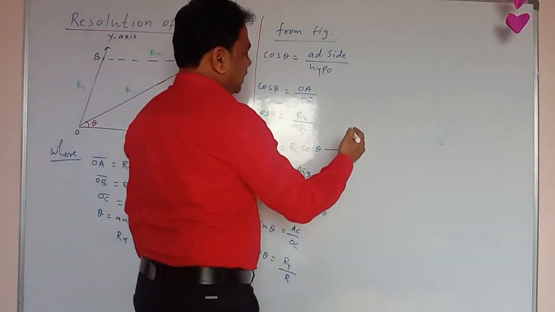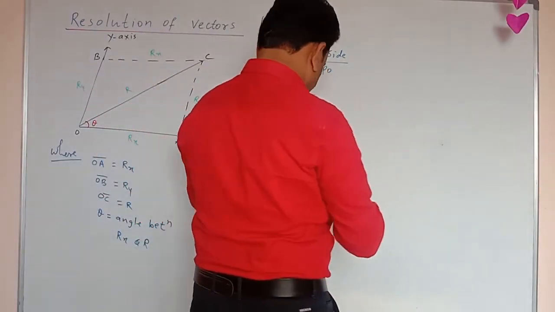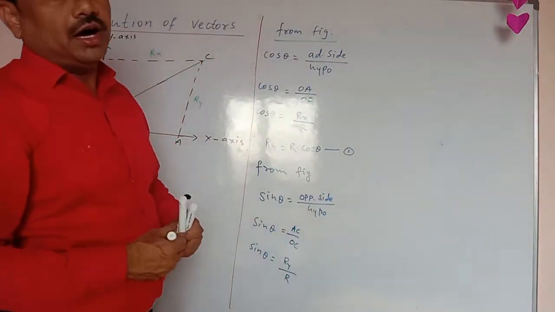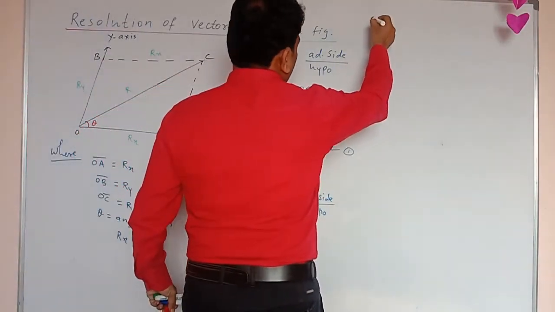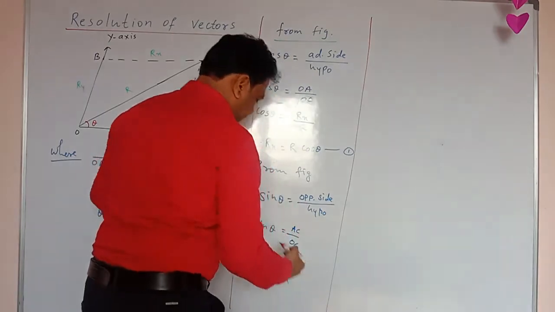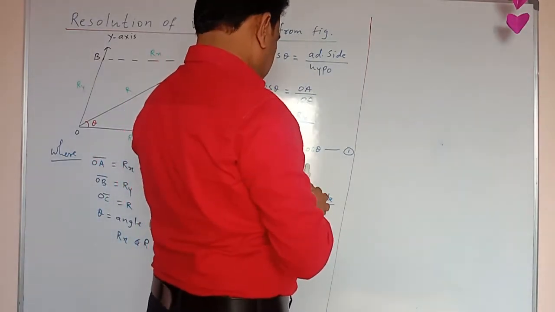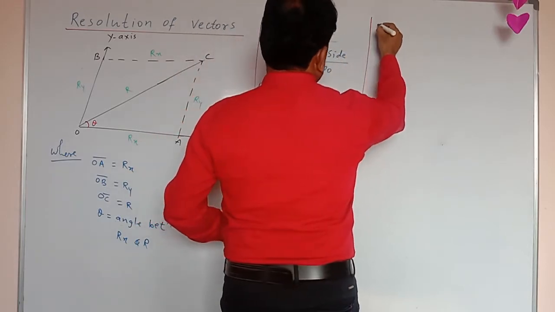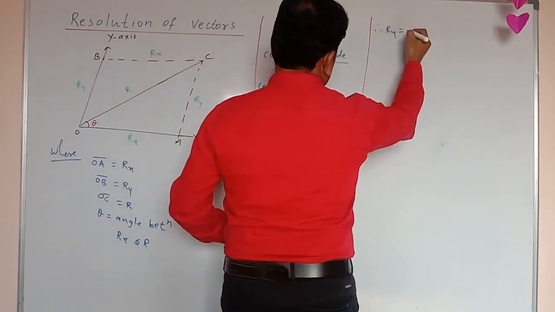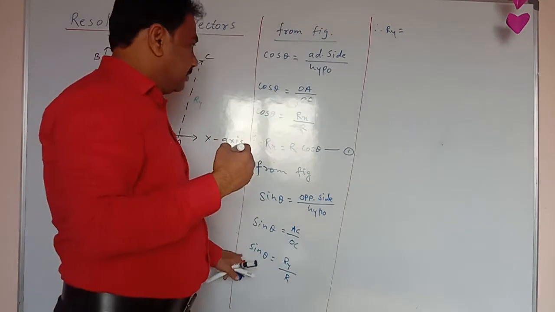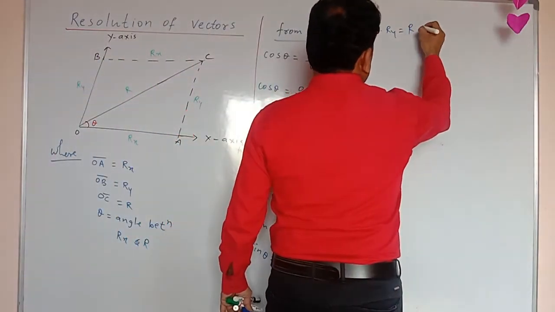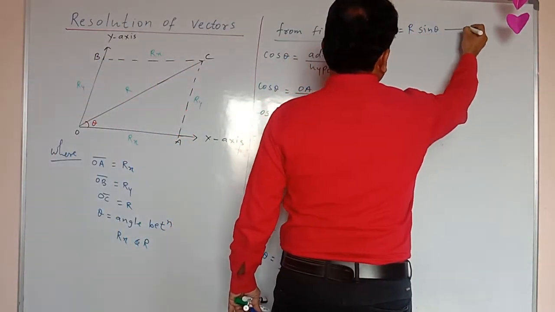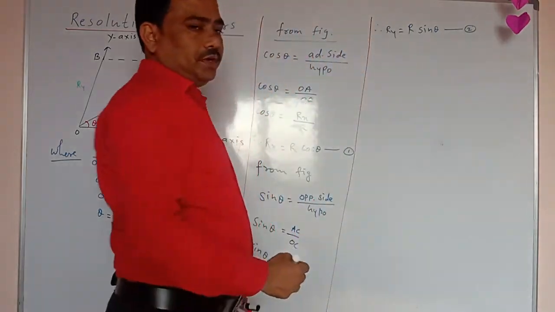So therefore we can write the value of Ry. In this way the value of Ry becomes R multiplied by sin theta. So this is equation number 2. Okay.